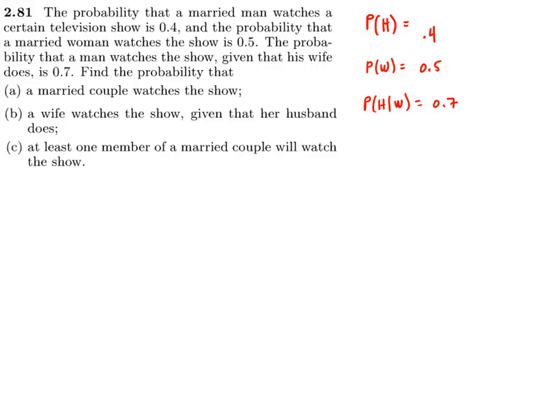Okay, so I think I have that here. So again, these are the names of the events. Husband watches a certain show, wife watches the same show, and this is a probability given that his wife does. Okay?